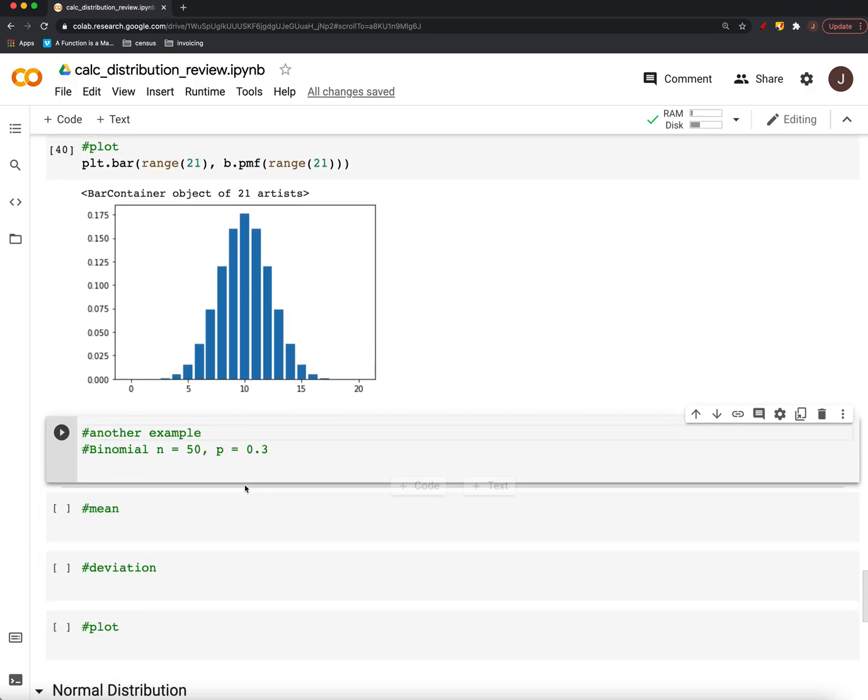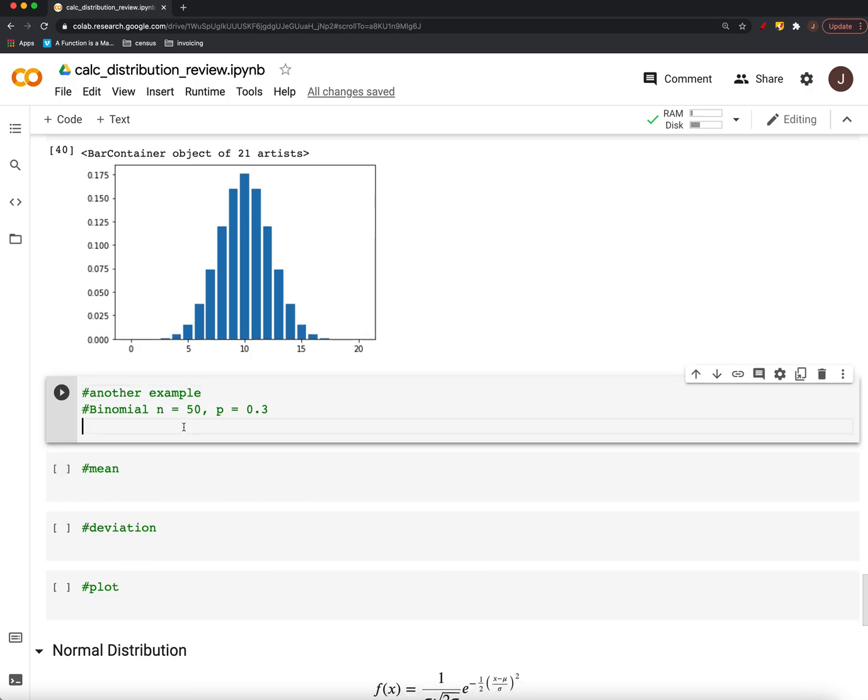Okay, let's look at a little larger example where we have 50 outcomes and 30% chance of success.